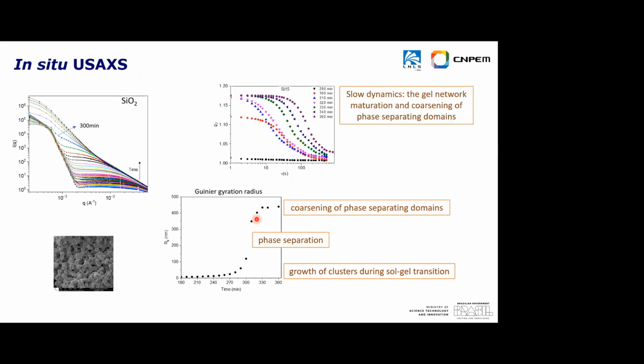And then we have this slow evolution that is related to the coarsening of these phase separated domains. So combined, what we believe is that at this point we formed this structure, and with this slow dynamics we can observe the gel network formation and then the coarsening of these phase separated domains.